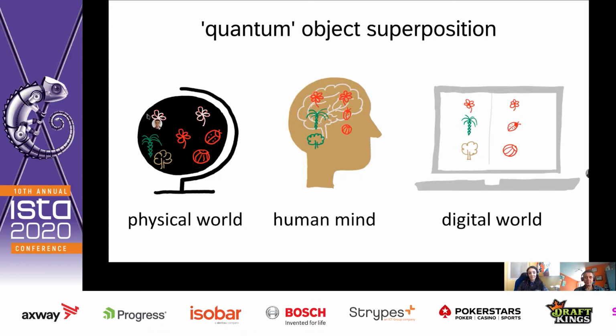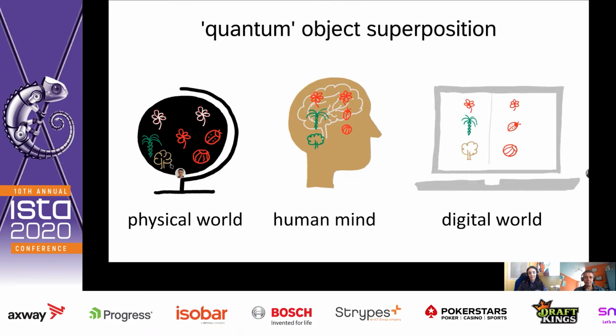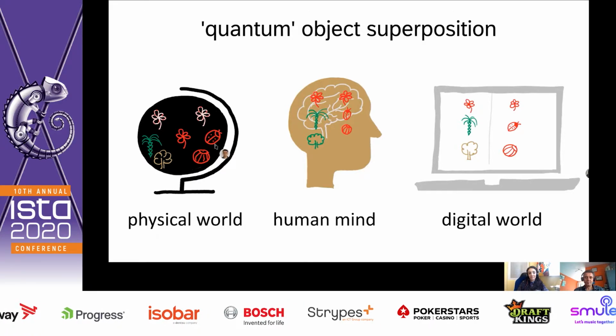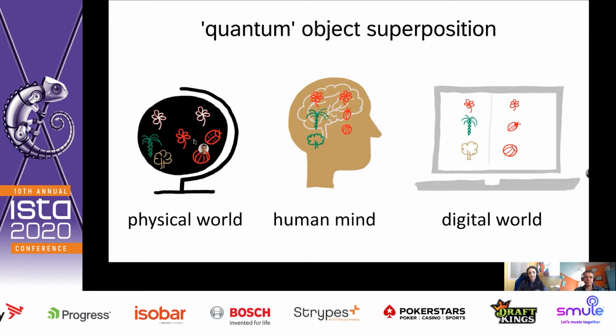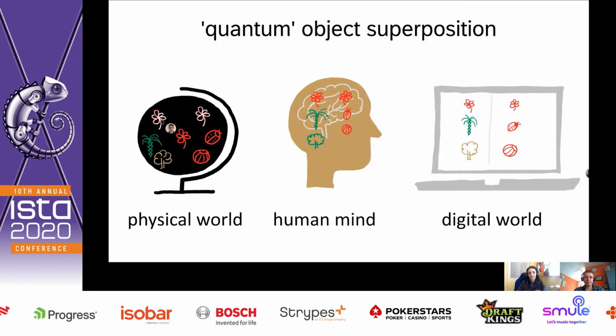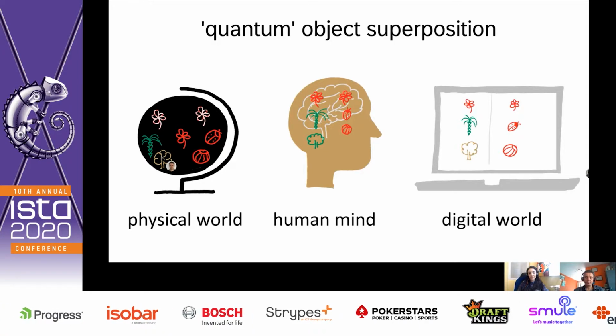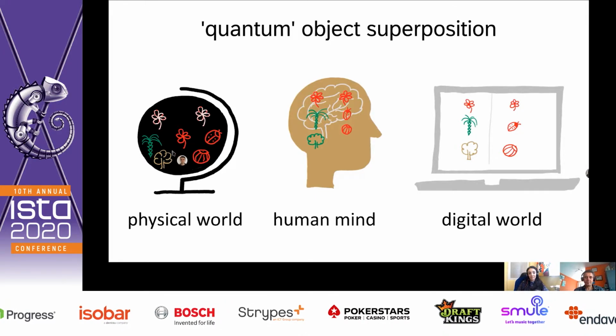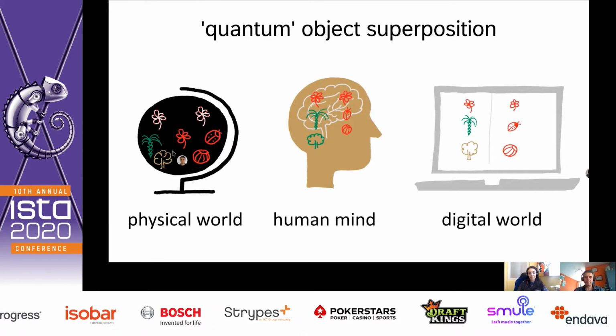In the physical world, you can group them in a single way only. If you have these 5 elements, the red flower here, you can either put it with the plants or flowers, or with the red things.